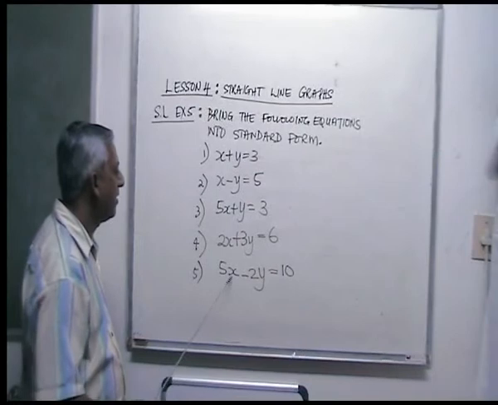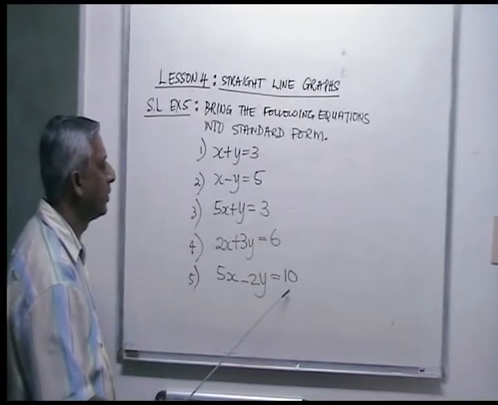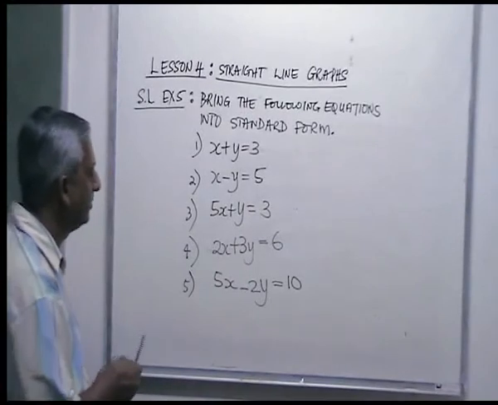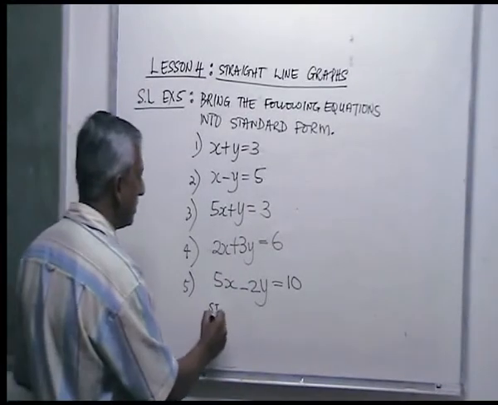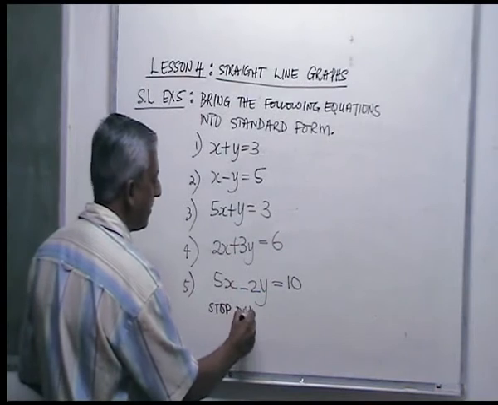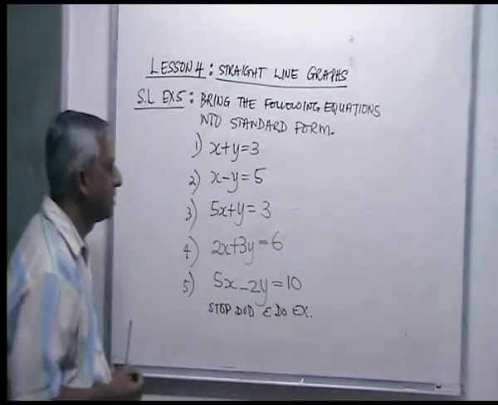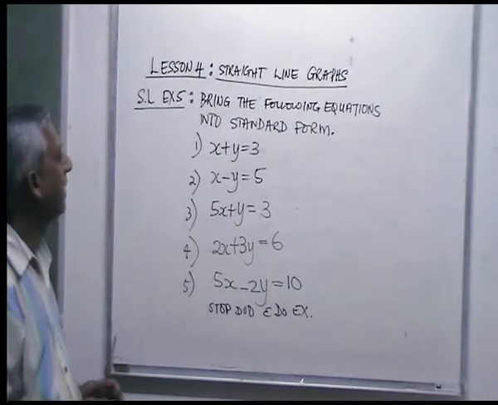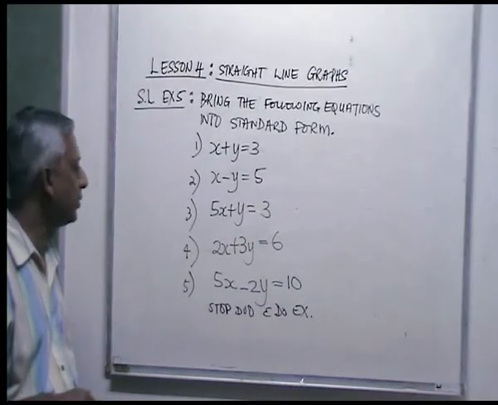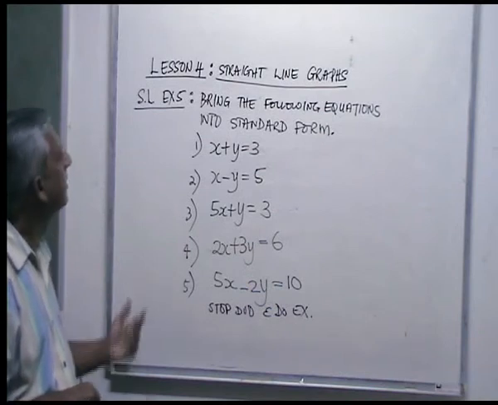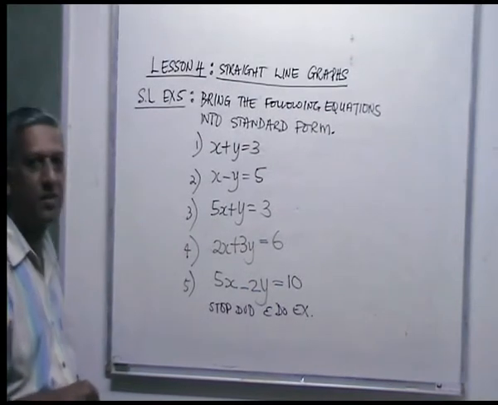And number 5, 5x minus 2y is equal to 10. So what you must do now is stop the DVD and do the exercise, and then come back, and then I will mark them and show you what the correct answers are. Great, go and do exercise 5.